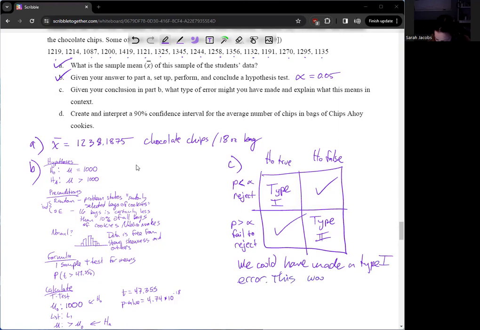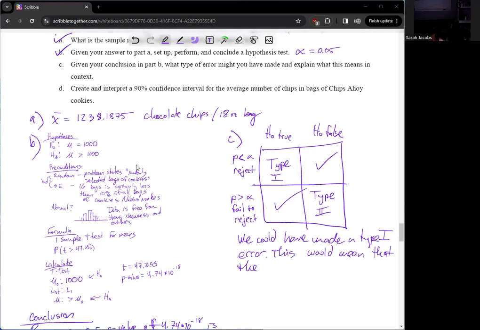This would mean that the number of chocolate chips per 18-ounce bag is actually 1,000, but we say it's more.